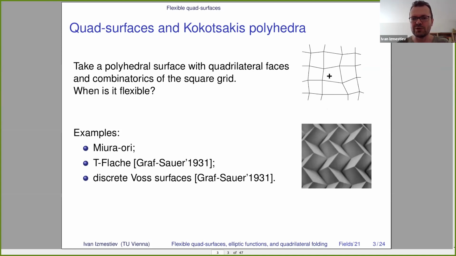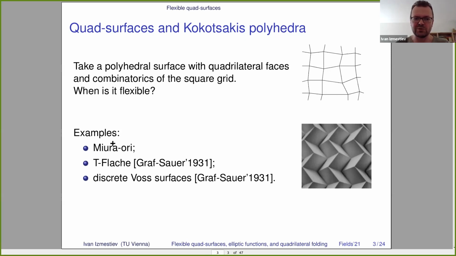Of course, if you take just the usual squares, the really Euclidean squares, then you can bend this surface by folding it along vertical lines or along horizontal lines, and this is not interesting. If you take a random surface, then you will not be able to fold it. And because of that, it is interesting to study those configurations, those geometries which lead to flexible surfaces.